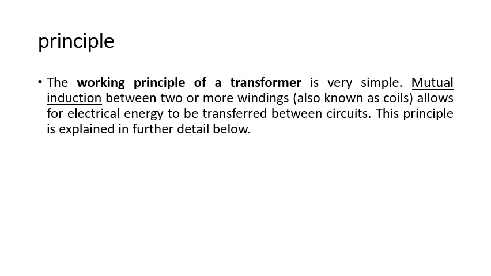The working principle of this transformer is very simple. Mutual induction between two or more windings, also known as coils. You have two coils, suppose, and the mutual induction between the coils allows electrical energy to be transferred. We have discussed this in the past lectures.